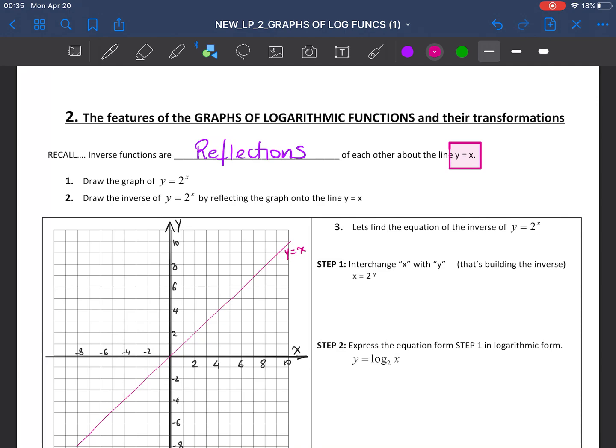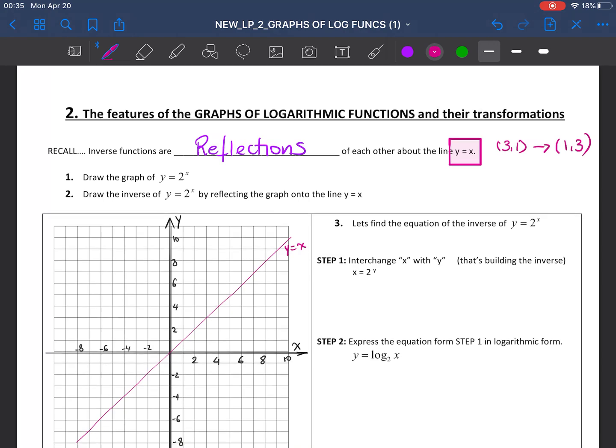Now, another thing that we need to recall about inverse relations is that in order to build the inverse of a relation, we need to switch the coordinates. For example, if (3, 1) is on the graph of a function, when you inverse this function, that point will move to become (1, 3). So it will be reflected about the y equals x line.